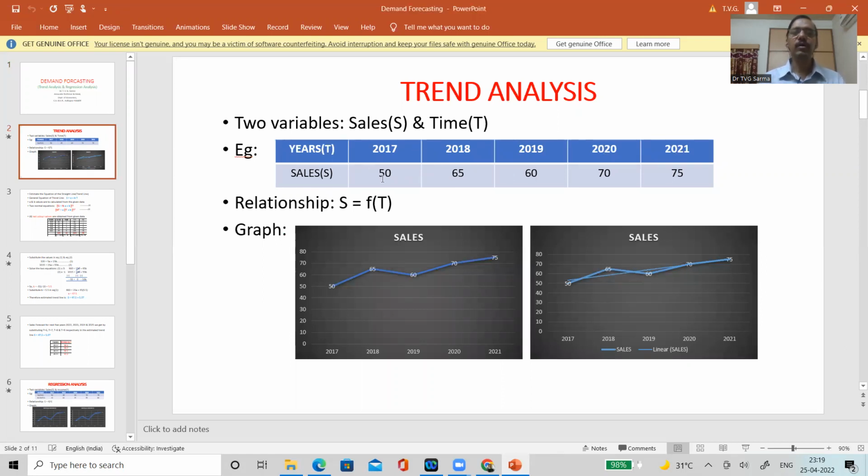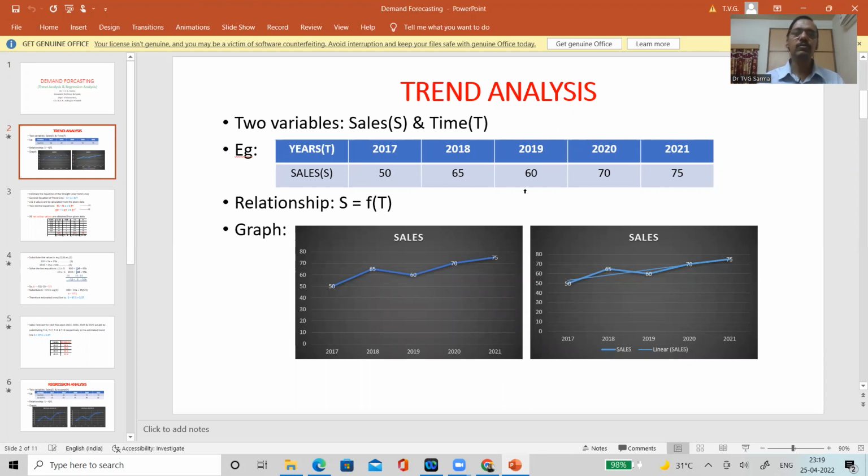And only sales figures are given, that is 50, 60, 65, 60, 70, and 80. This is hypothetical data relating to the sales of a particular company over the time period right from 2017 to 21. The first point of interest is to understand the long-term trend in the sales.